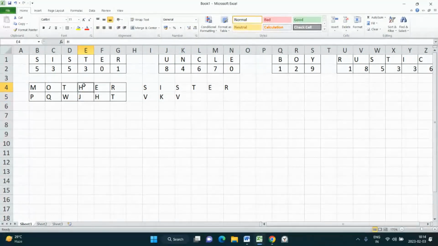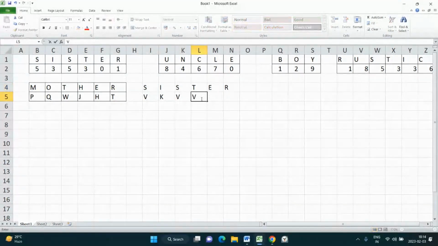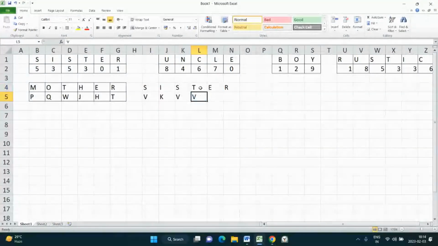H, I, J. There is one I in between H and J. So I need to have T, U, V again here. Is it not? T, U, V. There is one between T and V.